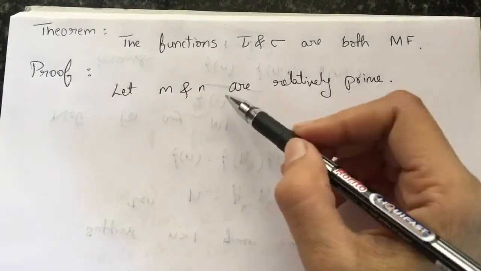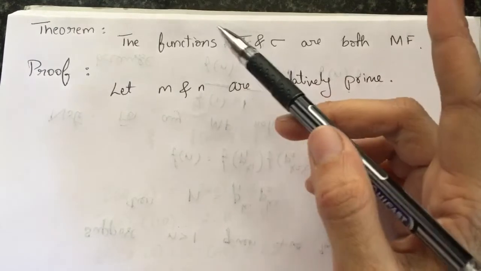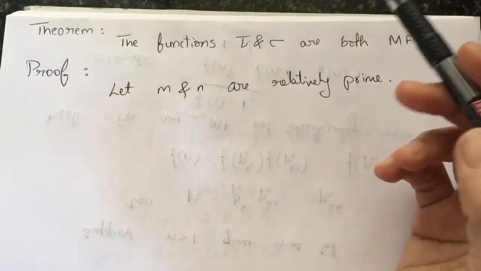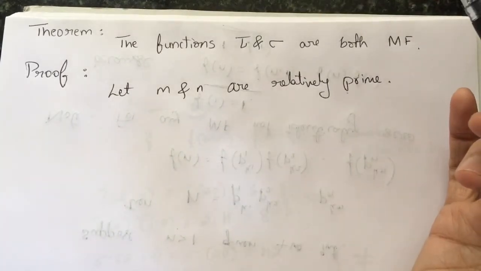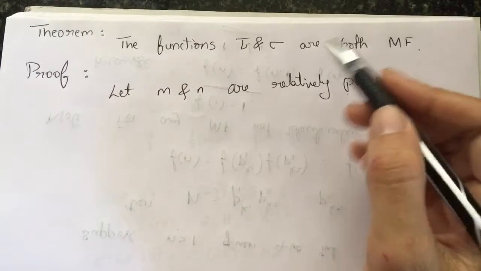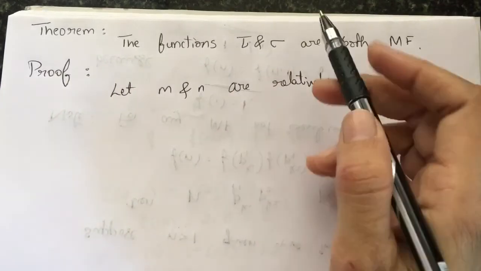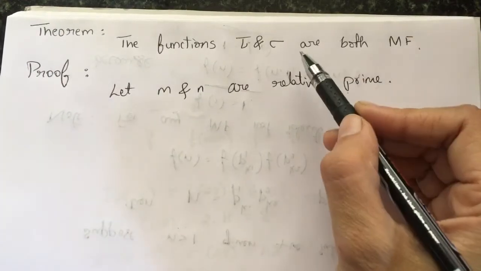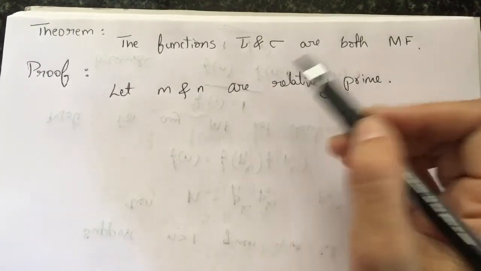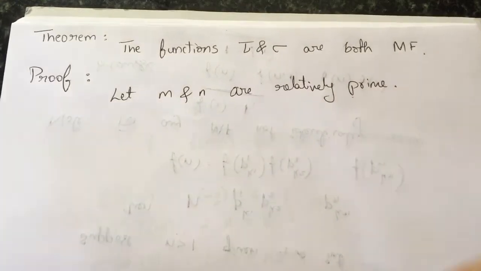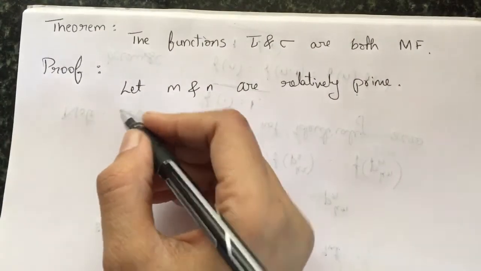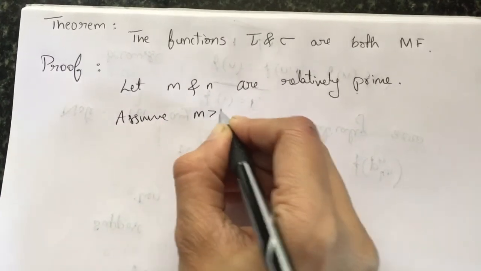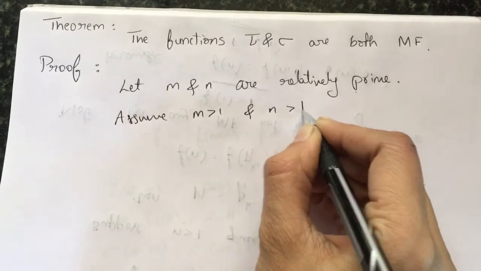Now among m and n, if any one is equal to 1, then the situation is trivial, so the result is true if either m or n is equal to 1. I'm just leaving that. I'm assuming that m is greater than 1 and n is greater than 1.